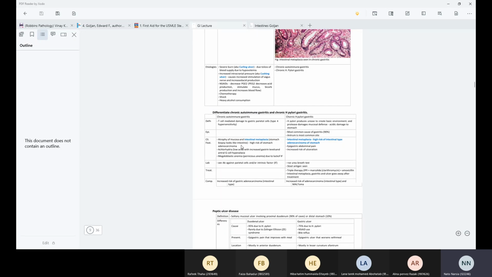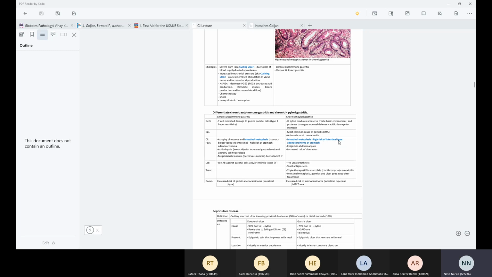Okay, that's one. In both cases, either it is autoimmune or Helicobacter gastritis, you find metaplasia. Why? Because in both cases you have chronic inflammation. You have increased risk of adenocarcinoma of this intestinal type.